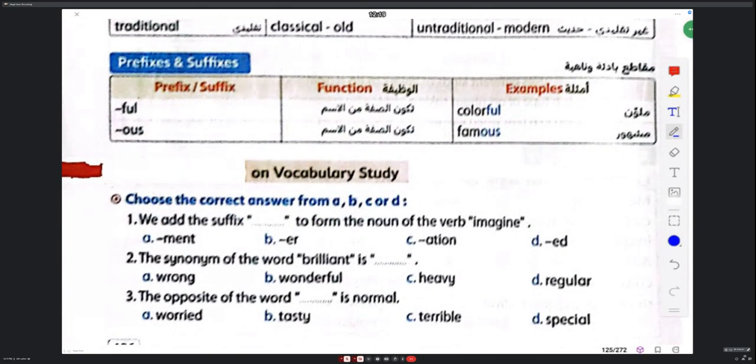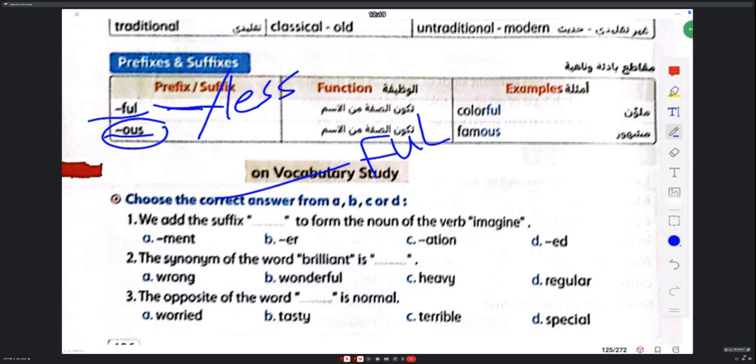You can use the suffix ful to give the adjective of the word, and the opposite is less. Another suffix: we use ous to give also the adjective of the word. Then we can say ful as a suffix, or less.